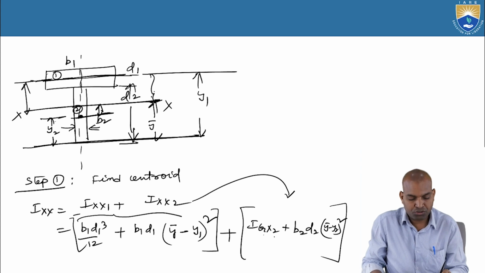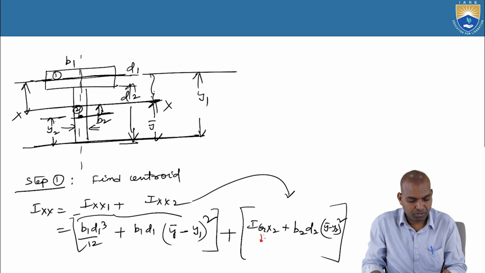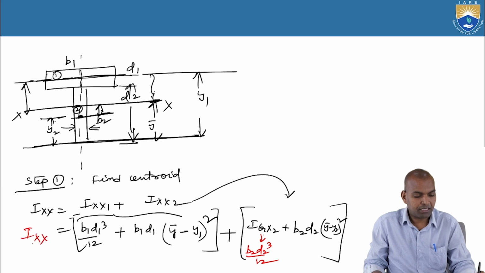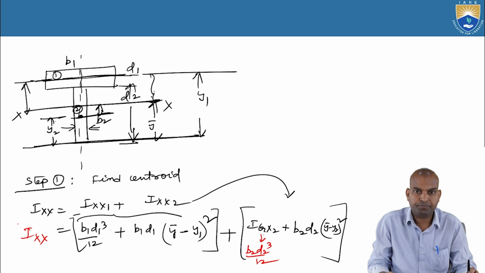Igx2 means b2 d2 cube by 12. Now you get axis xx, which passes through the centroid, that is the moment of inertia.